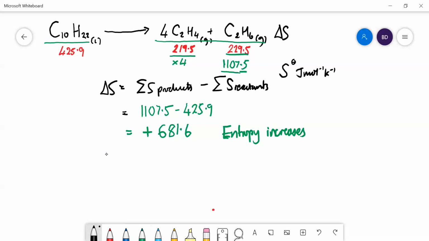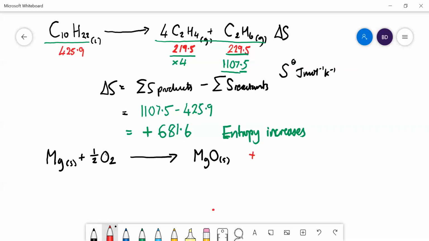Okay, let's look at one more example. Let's have a look at magnesium. Magnesium solid. Get a piece of magnesium ribbon, burn it in oxygen, and that is going to go to magnesium oxide. Now, before we work it out, what would we expect? Entropy positive or negative value for delta S?